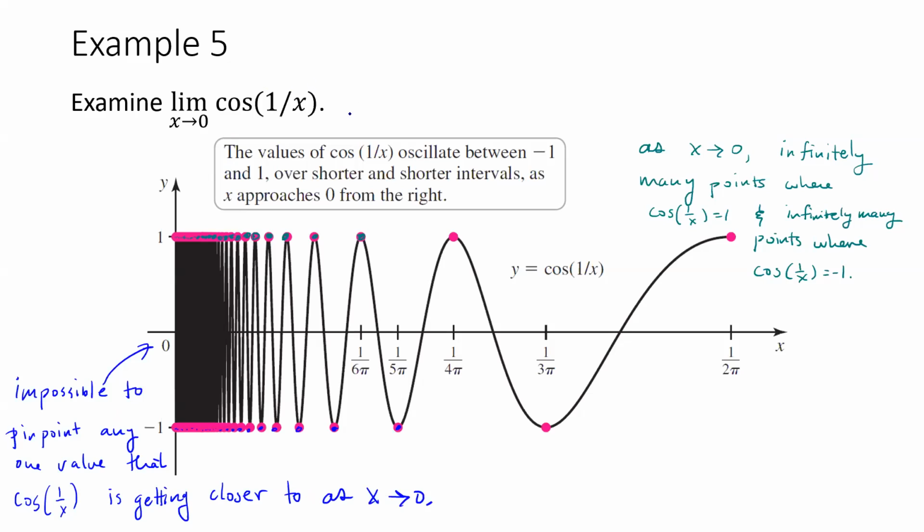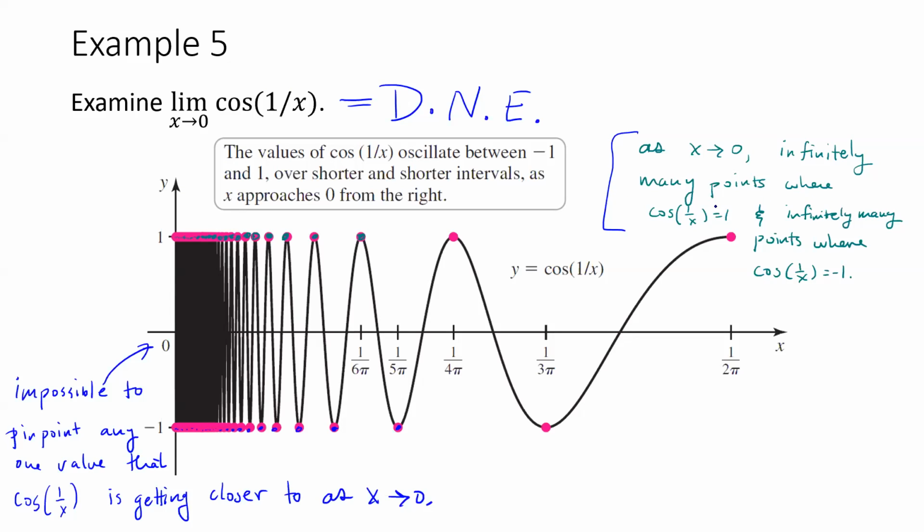So what would we say in this case? We would say that this limit does not exist. But of course, in this case, it's not exactly a rigorous argument that I'm making here. Essentially, what I'm saying here could be transformed into a more rigorous argument.